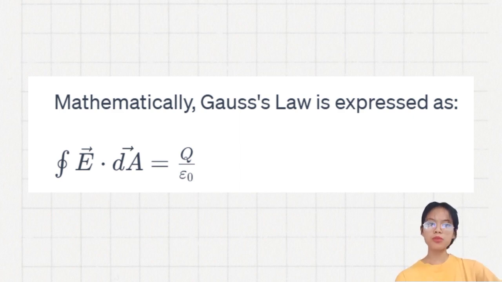In simple terms, Gauss's law states that the total electric flux through a closed surface is equal to the total charge enclosed by the surface divided by the permittivity of free space.